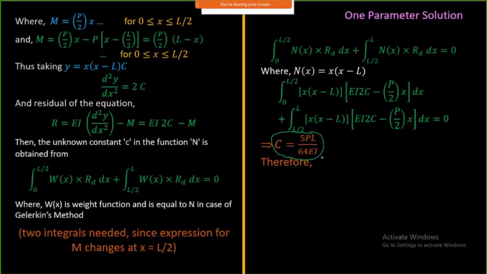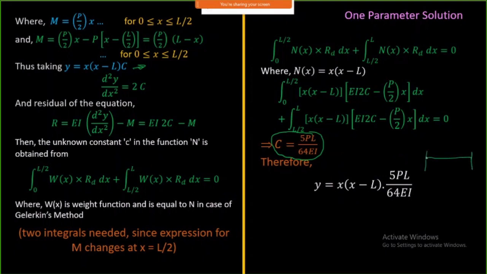PL by 64 EI. Now come back to the equation where you started. This is your equation, and now substitute the c value; only one single constant needed to be determined, and it can be substituted here. This shows the behavior of your bending beam.